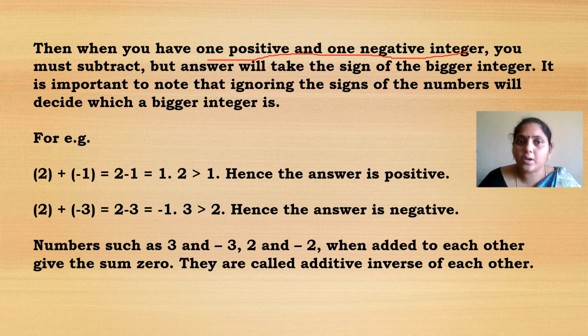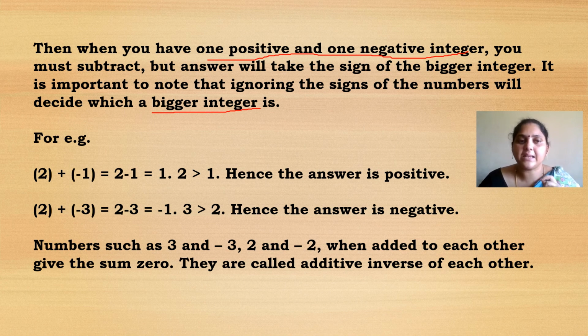It is important to note that ignoring the signs of the numbers will decide which is the bigger integer. First, when you observe two integers, you have to see which number is bigger. You can easily identify the bigger number, and after that you have to identify the sign of that number.